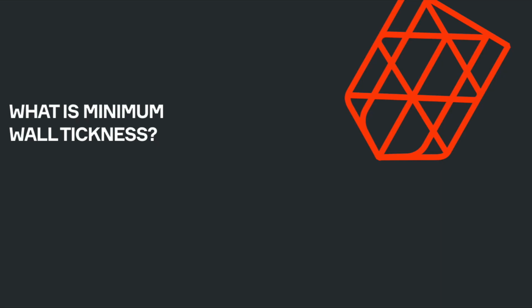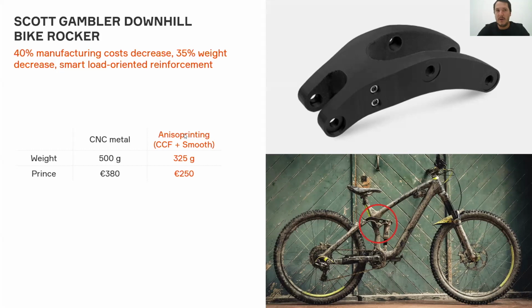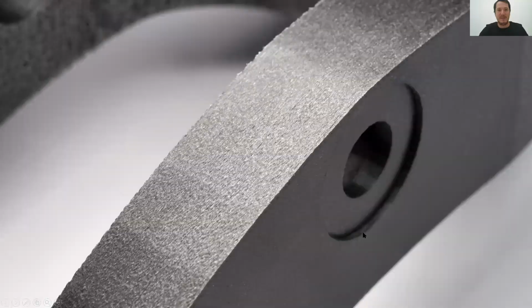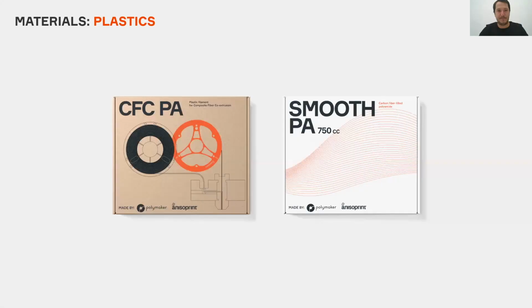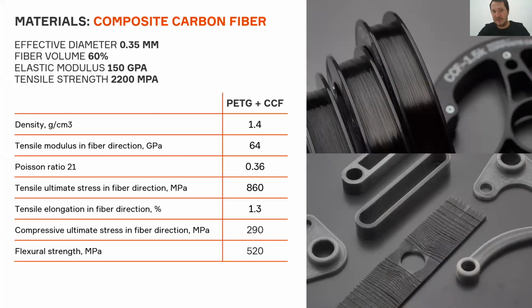The minimum wall thickness, it's a very good question. With CFC, the minimum fiber path: the carbon fiber has a thickness of 350 micron. It's a round shape, so it has a diameter of 350 micron.